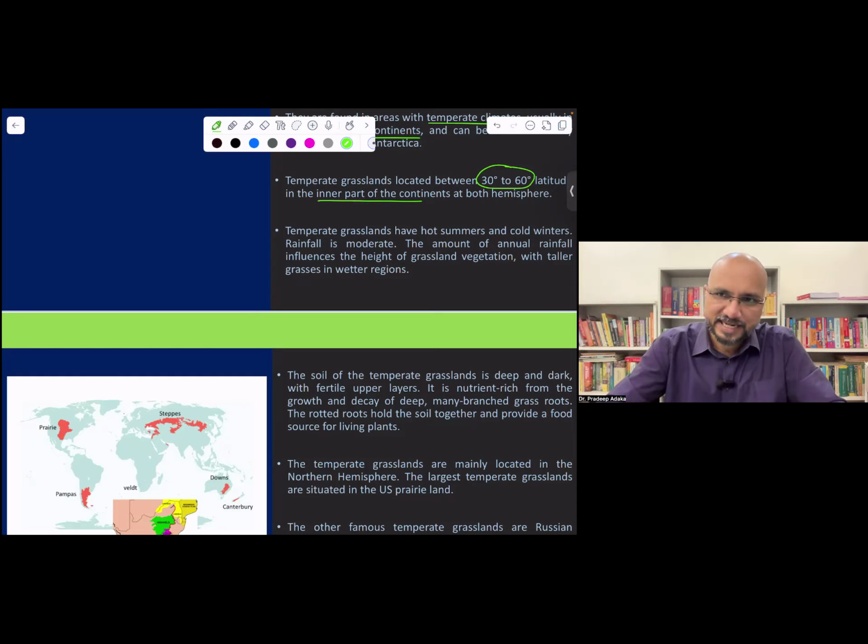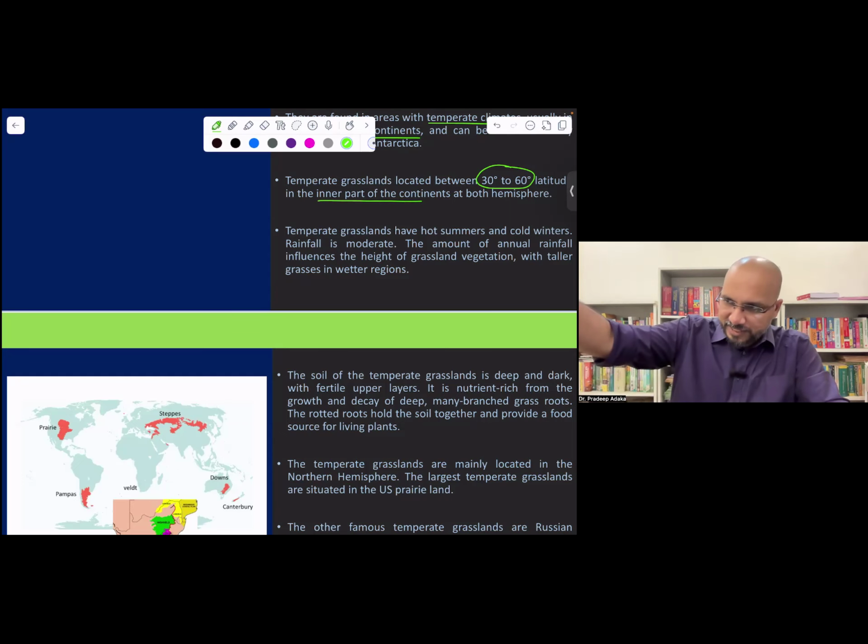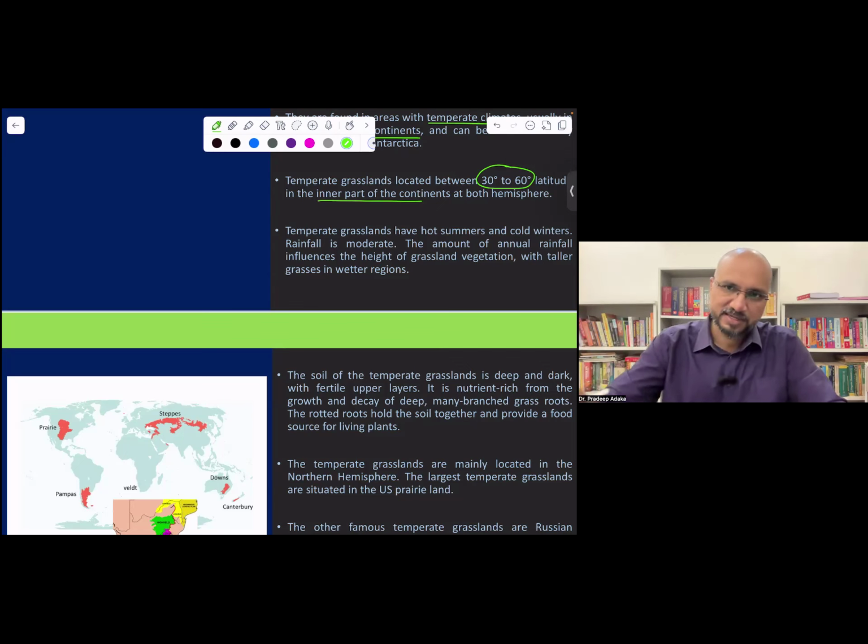Winds might carry moisture, but most of the precipitation generally happens in the coastal areas, and when winds go to the interior, they are generally dry, so there is not a lot of water, and only grasses can be supported with this amount of moisture. So you will not see forest but grassland, because precipitation is a bit low. Are you following why we are saying inner part of the continents?